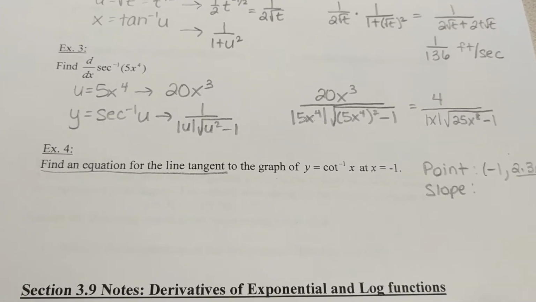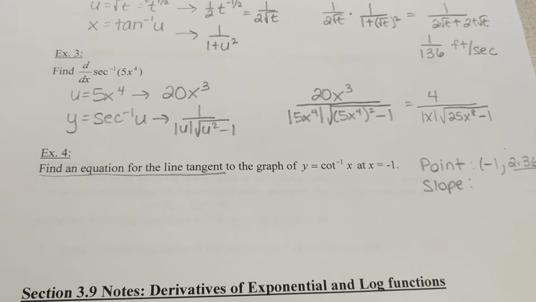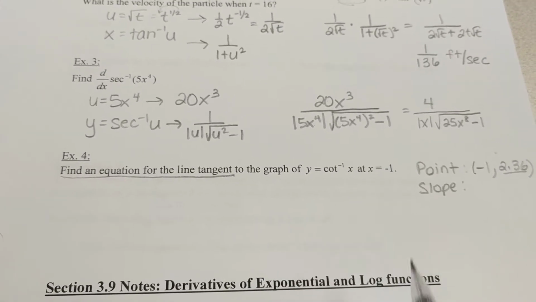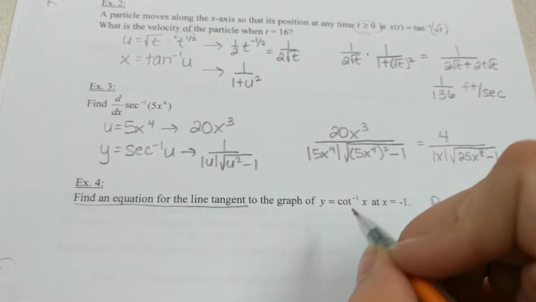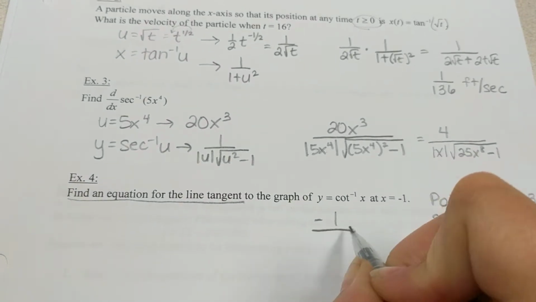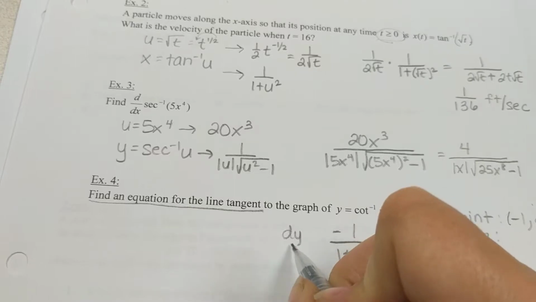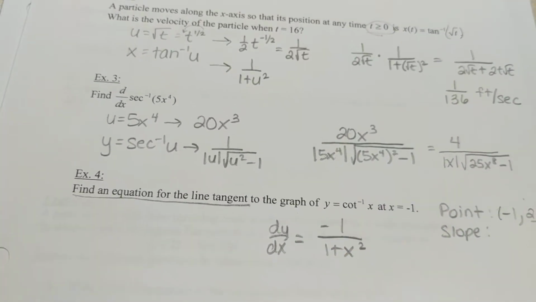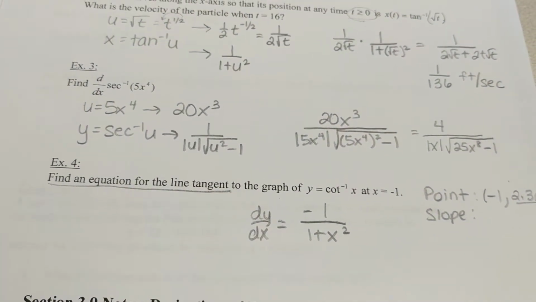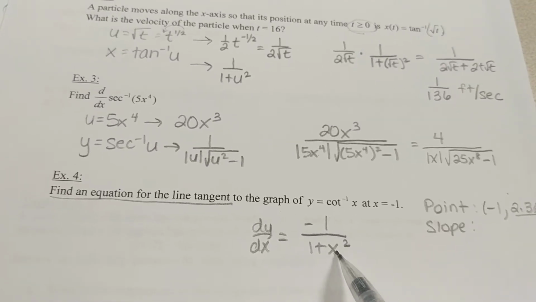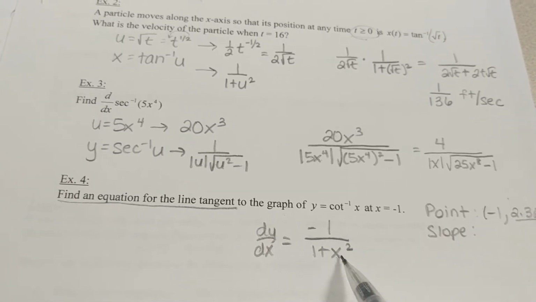And to find the slope, we have to do the derivative. So the derivative of cotangent is -1 over 1 plus x squared. And they said at -1. So if I plug in -1, we get -1 over 1 plus 1.